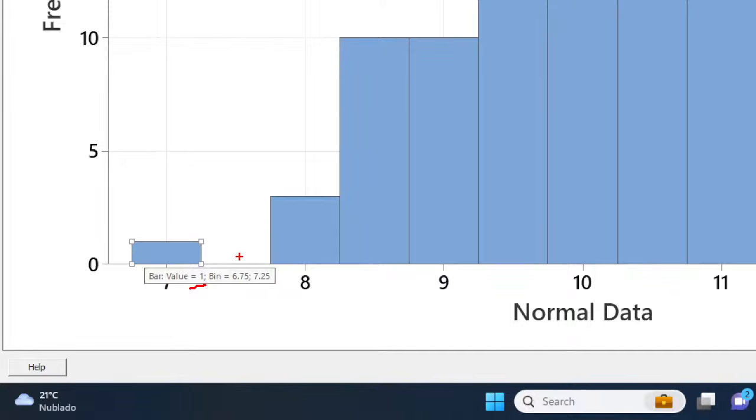What's the size of this interval? The size of this interval is 0.5, from 6.75 to 7.25.